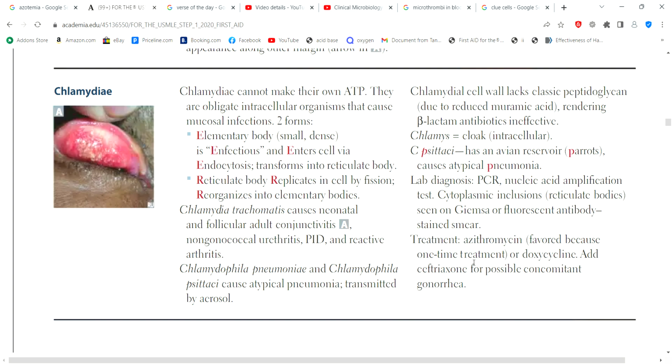Chlamydia also causes non-gonococcal urethritis, pelvic inflammatory disease, and reactive arthritis. Remember PID here. Okay. Now, Chlamydophila pneumoniae and Chlamydophila psittaci cause atypical pneumonia transmitted by aerosol. Aerosol transmission.